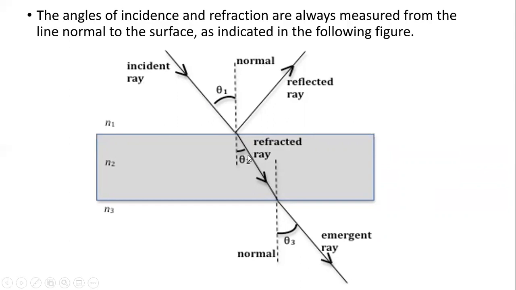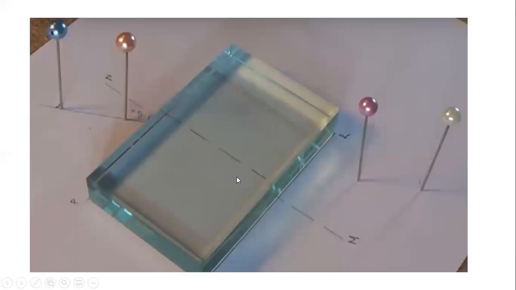And this angle theta 2 inside the glass, after doing the experiment, you can remove the glass slab and measure it using a protractor. So once you know theta 1 and theta 2, you can calculate the refractive index of this glass slab. Okay, how to do that?